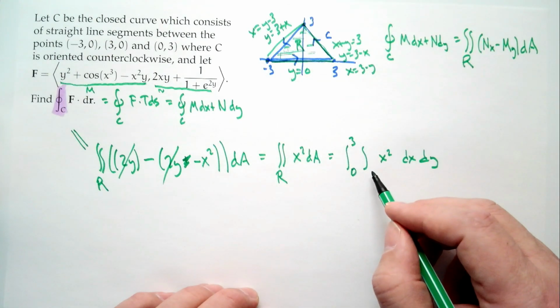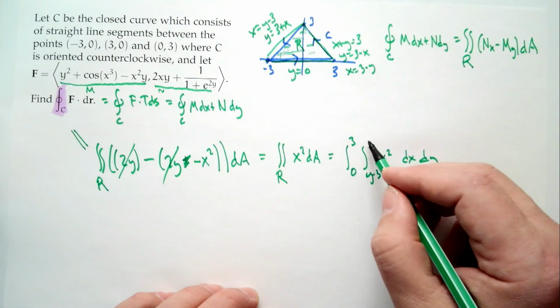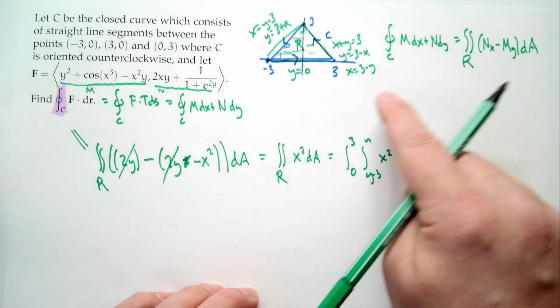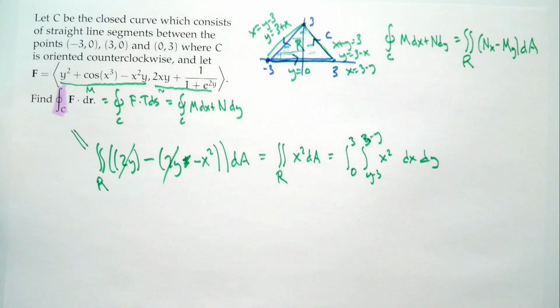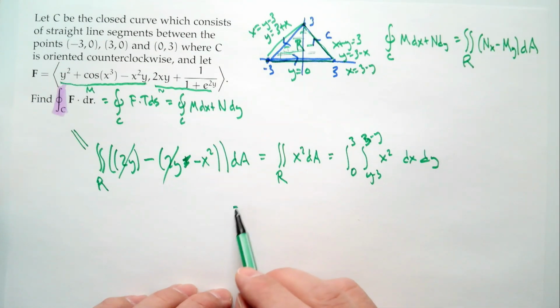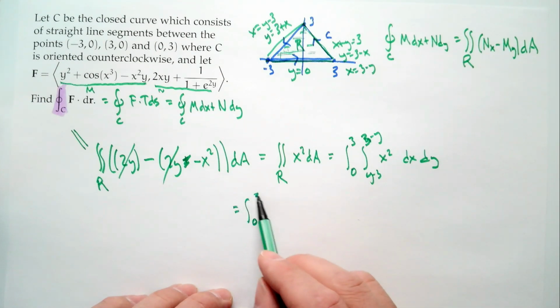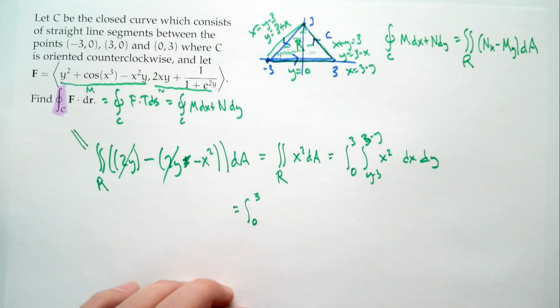So I'm going from y minus 3 to, where am I at? 3 minus y. So those are my bounds. Okay, cool. Well, what does this become? Probably more unpleasant than I wanted, but that's okay. We can handle that. No problem, no problem.